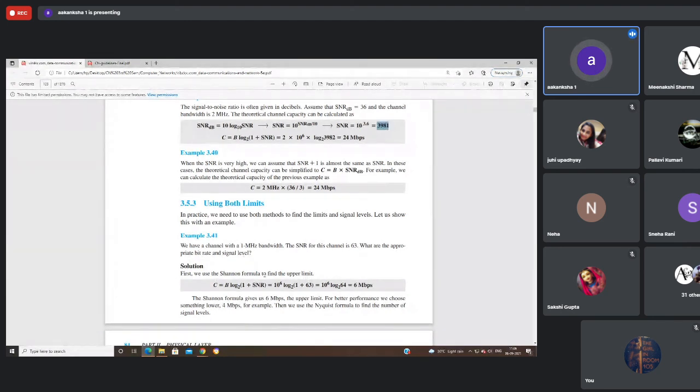So using the Shannon formula to find the upper limit.